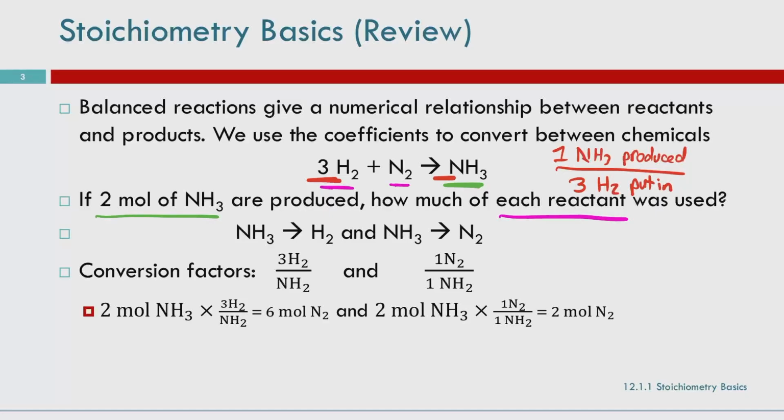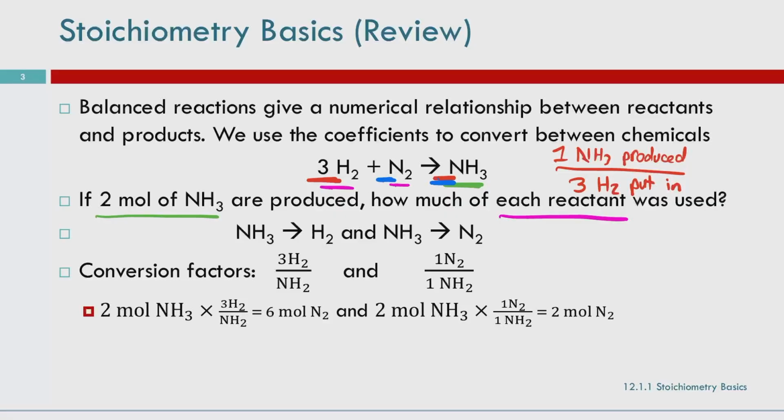If you flip the top and bottom, it's the same thing. It just works a different direction. It's like dividing by this instead of multiplying by this. I wrote it out so you can sort of see what's actually happening. Okay, so that's one of our conversion factors, and the other one is also 1 NH3 with 1 N2. Those one-to-one conversion factors are really nice and convenient because it's just the same number.